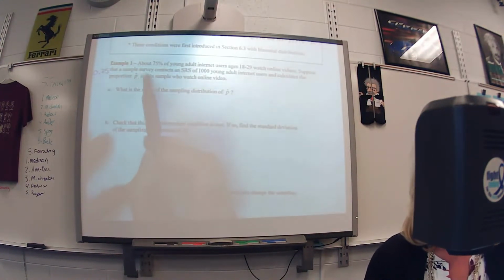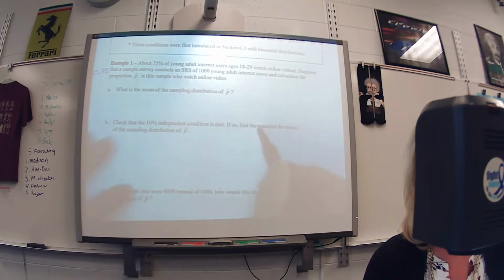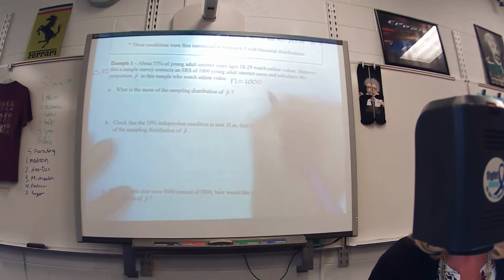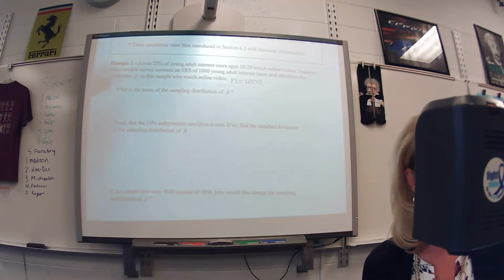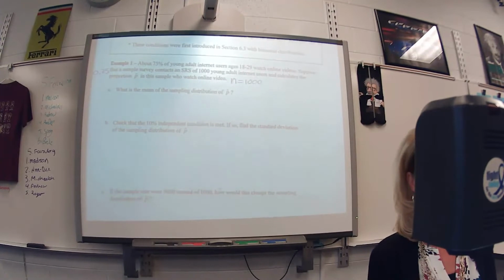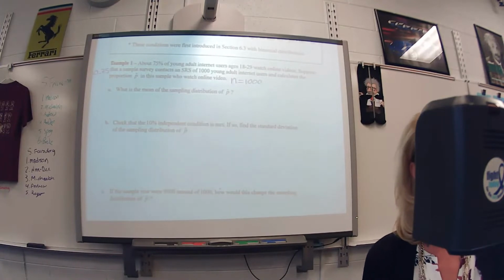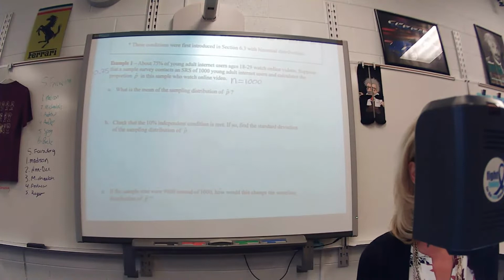So suppose a sample survey contacts a simple random sample of 1,000 young adult internet users. That's your n size. N is your sample size. And based on the results, they calculate the proportion p hat who watch online videos. So what would the mean of the sampling distribution be? Well, this is not meant to be a trick question, but it's an easy one.